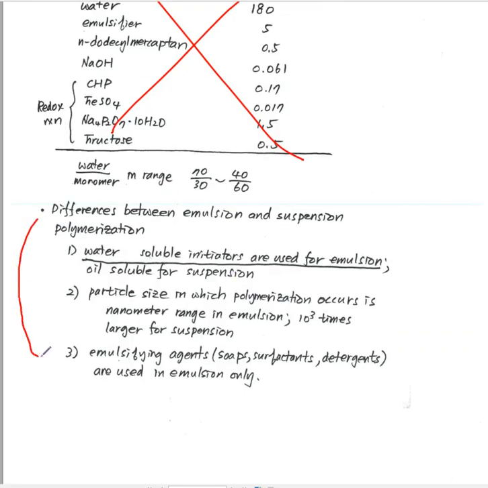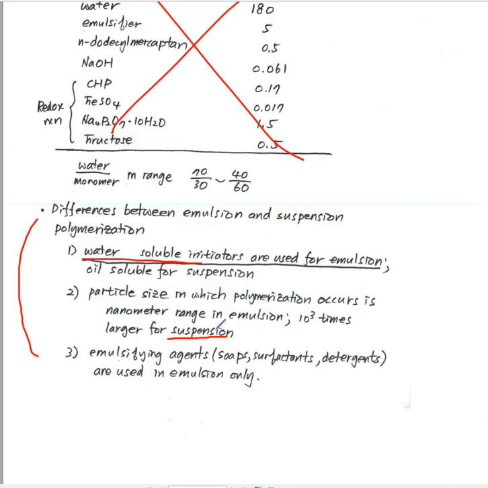Differences between emulsion and suspension polymerization include: in suspension polymerization, initiators are not soluble in water, but in emulsion polymerization, initiators are water soluble. And in suspension polymerization, the size of the suspension is relatively large, right?